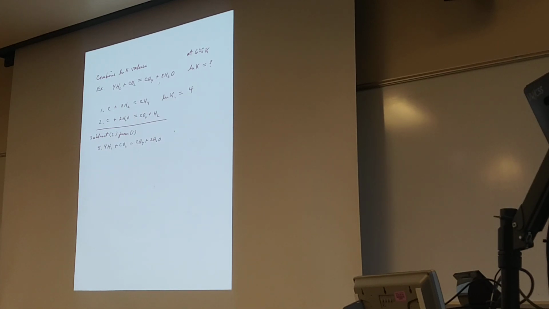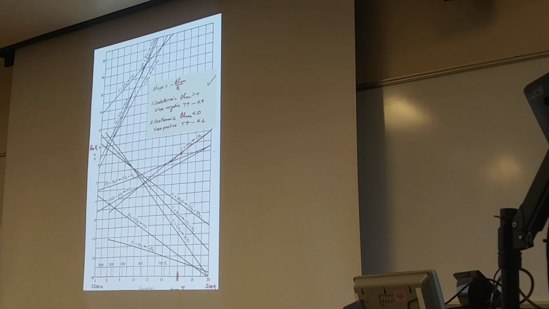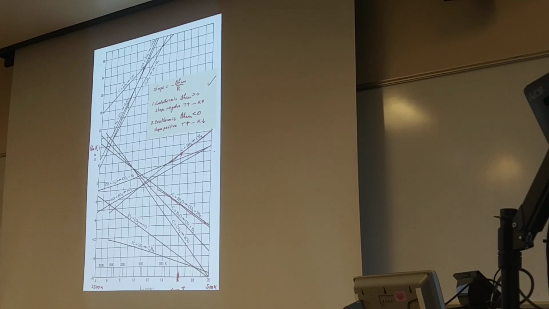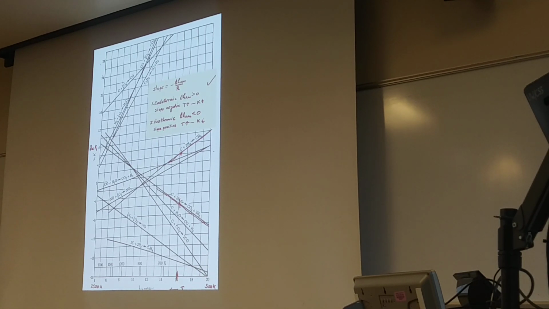So C plus 2H2O, let's look at that one. Here we go, it's this reaction. So it looks like I've got log K is -6.